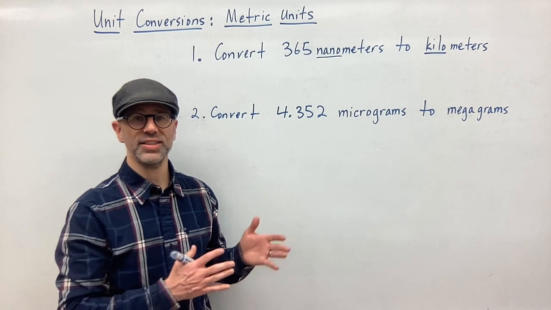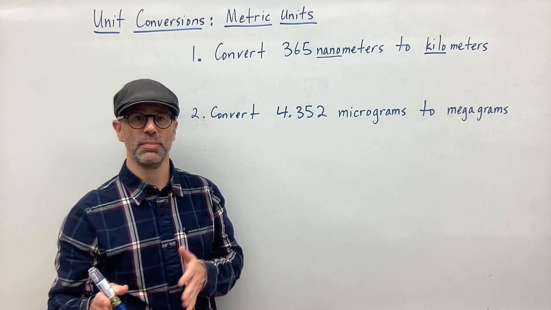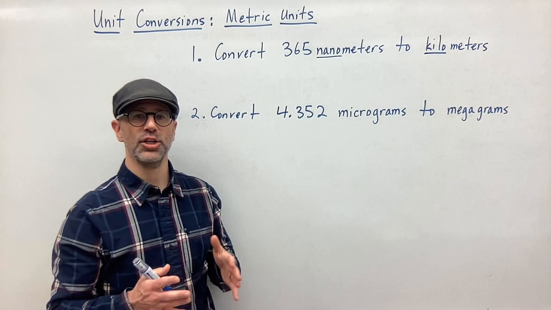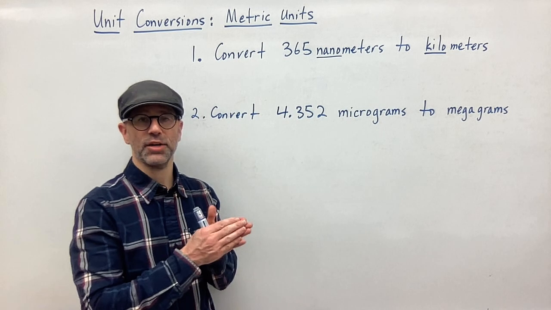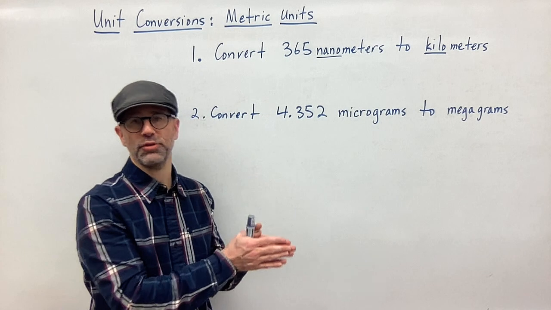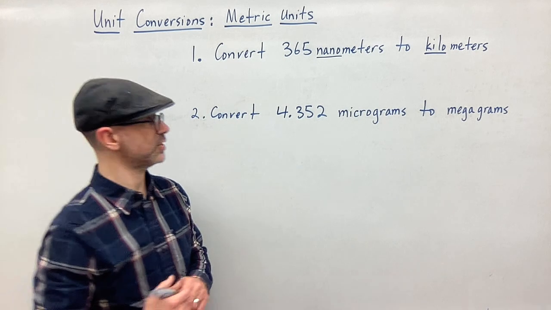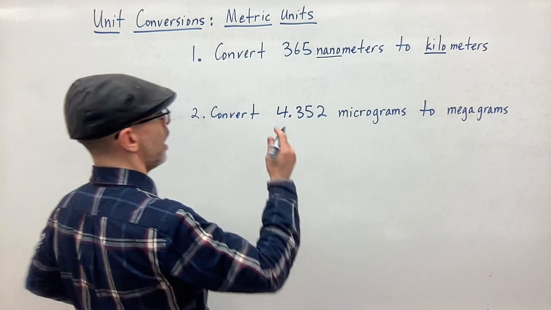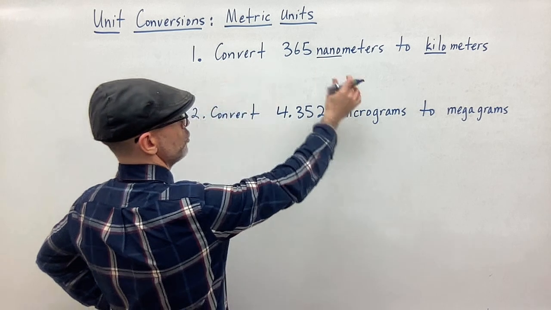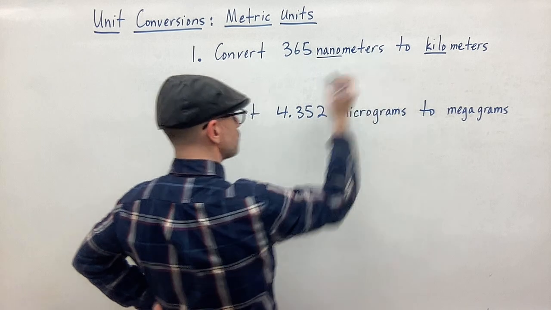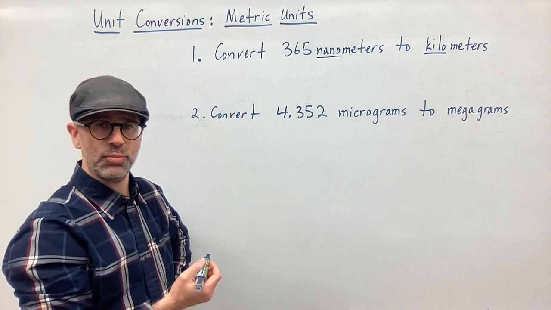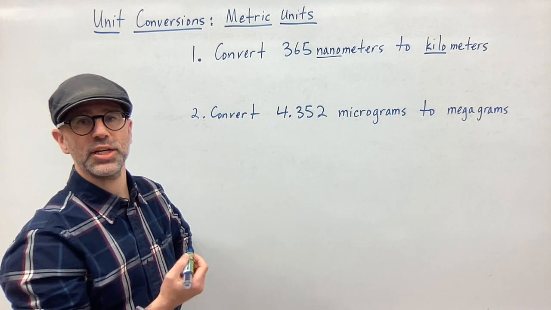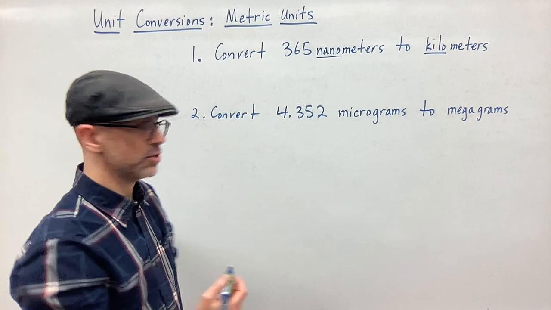So it's always better, even though it's a two-step process, to go through the base unit as a middleman than just try to convert directly from one prefix unit to the other. So let me show you how that's done. We're going to have to go through the base unit, which is meters. And so we need a relationship between nanometers and meters, and we need a relationship between kilometers and meters.